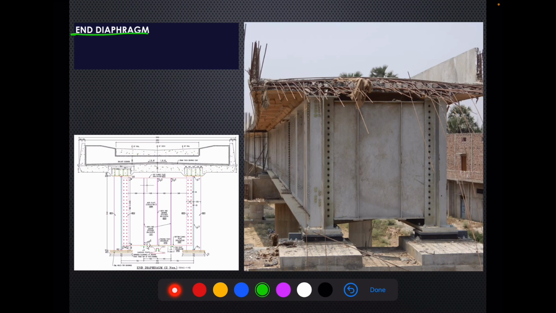Then end diaphragm. So at the end we have this end diaphragm which connects these two girders. So we can see over here, this is basically our end diaphragm. Our end diaphragm has got these jacking stiffeners.